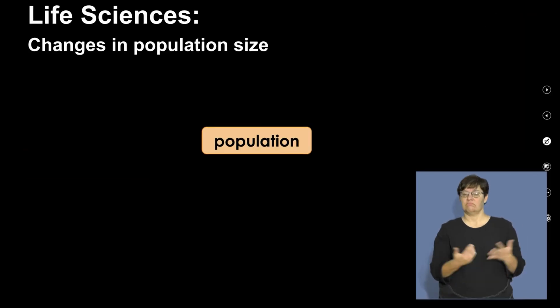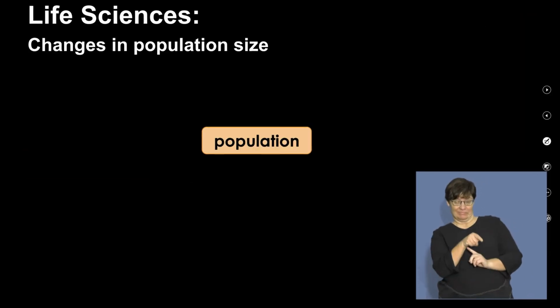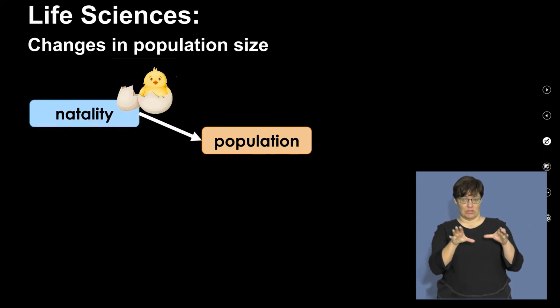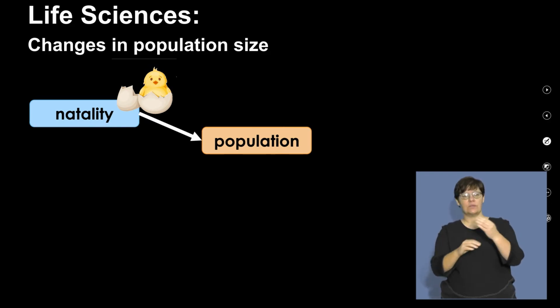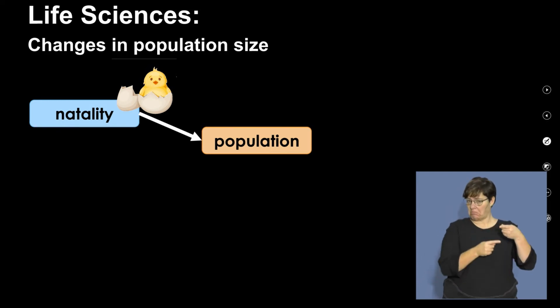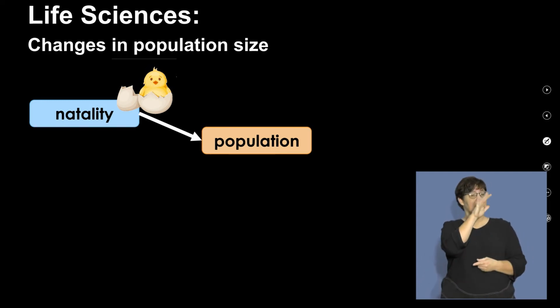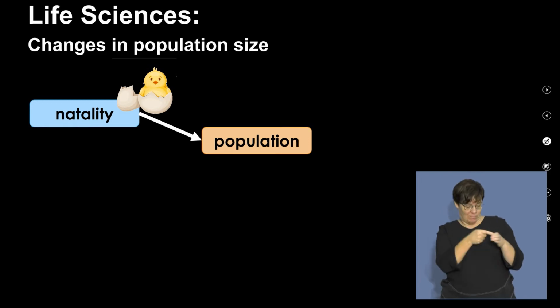So we've got our population. Of course, we can increase the size of the population by adding new members due to birth. So natality is going to increase the size of the population.